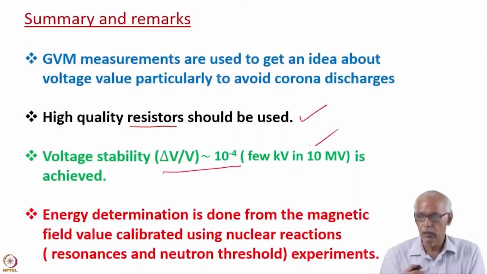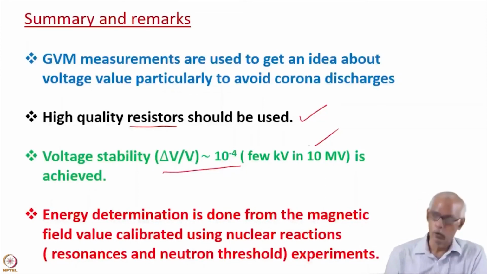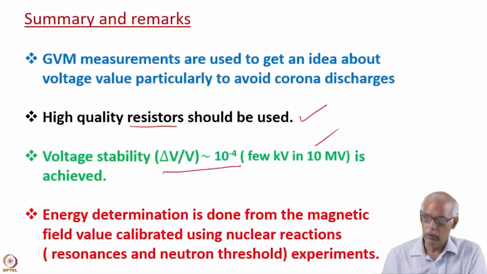However, if you want to go to even better measurements, then we have to determine the energy not based on this, but on more accurate methods based on magnetic field value calibrations using nuclear reactions.